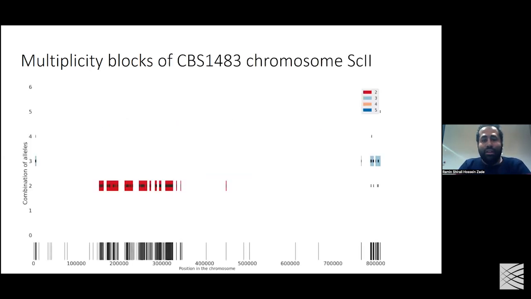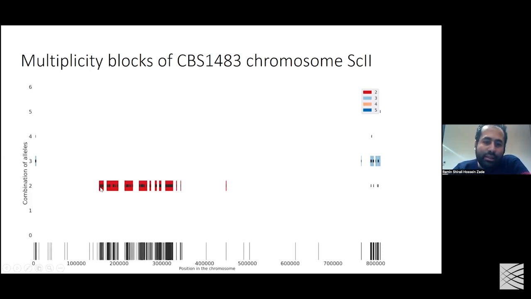Just to give you a better picture, this is the multiplicity blocks of a real chromosome. This is chromosome 2 of CBS 1483, which is a yeast strain. At the bottom, you see the SNPs between the haplotypes.